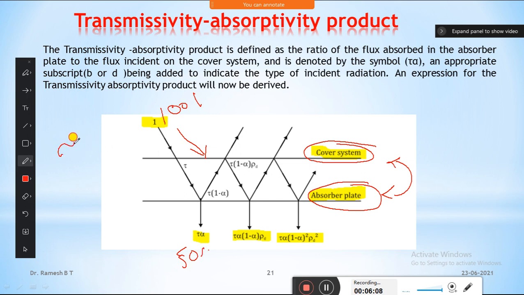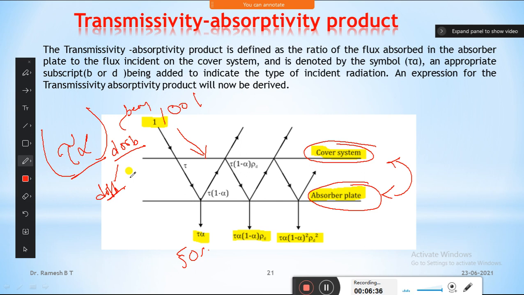This entire thing is denoted by tau into alpha, with an appropriate subscript of B or D, meaning either beam radiation or diffuse radiation.